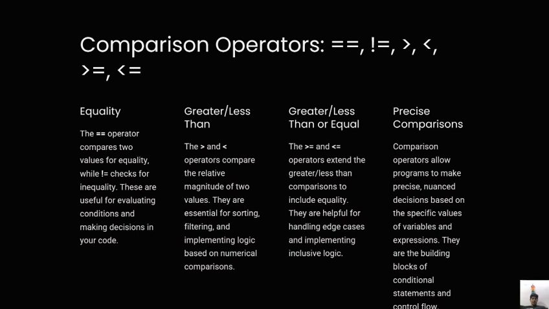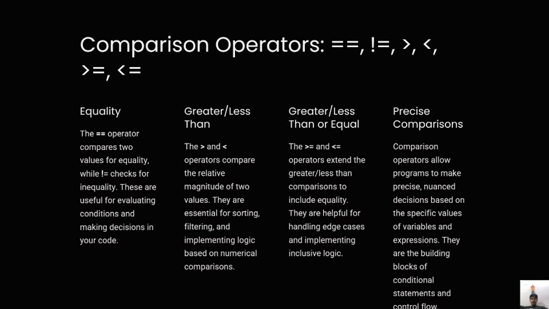Greater or less than. The greater than and less than operators compare the relative magnitude of two values. They are essential for sorting, filtering, and implementing logic based on numerical comparisons. Greater than or equal to and less than or equal to. These operators extend the greater than and less than comparisons to include equality.